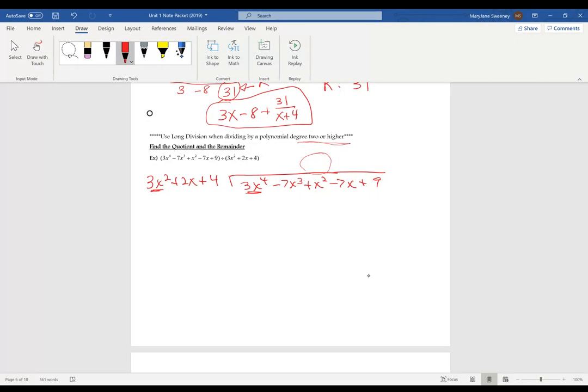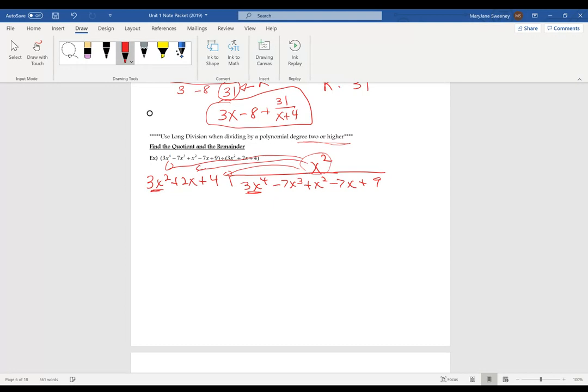The first here times the first here should give you the first here. So what times 3x squared gives you 3x to the 4th? That's x squared.